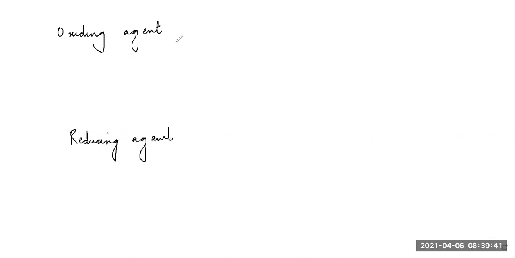With this, we can quickly do what is an oxidizing agent and what is a reducing agent. Students, an oxidizing agent is a substance which can bring about oxidation of another substance.